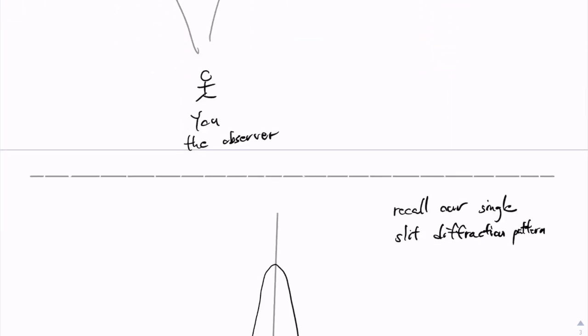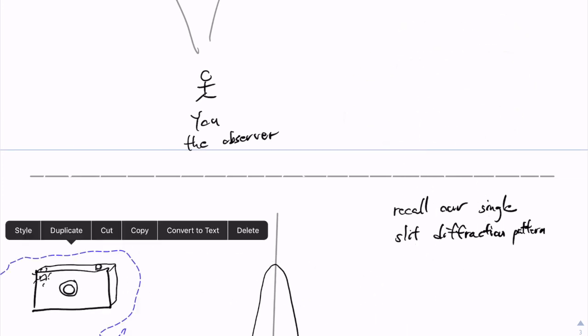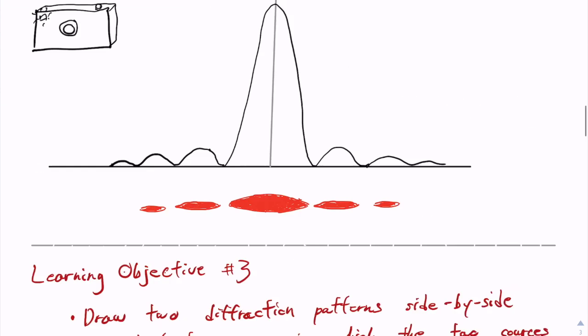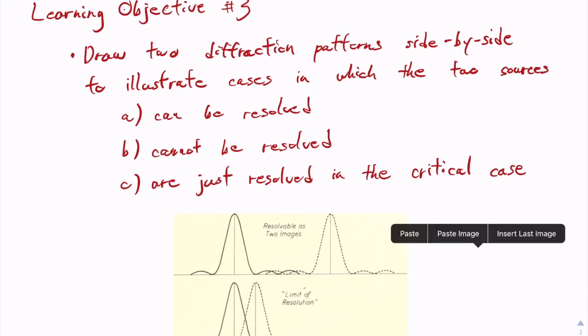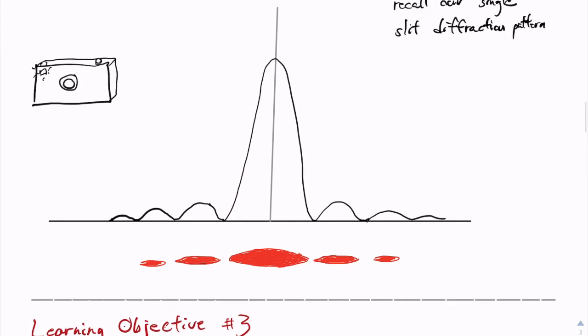So the whole idea of the eye and the camera is highly related to this single slit idea. You may still not fully understand what exactly Rayleigh's criterion is. We have this rough overall understanding: it has something to do with when things get really close together, and with the single slit diffraction pattern.